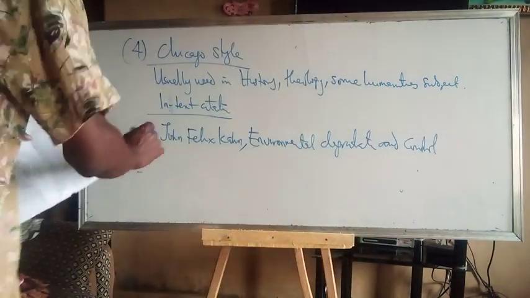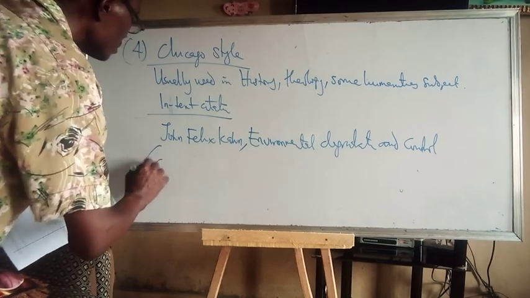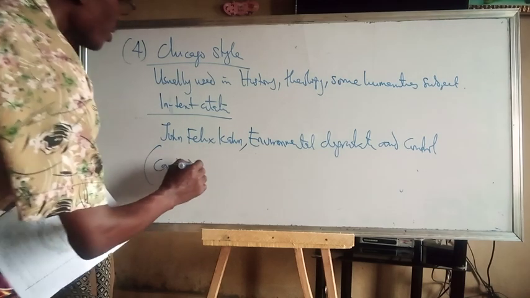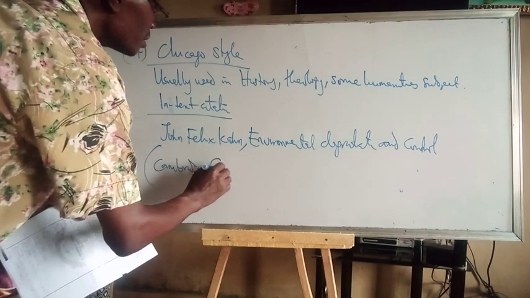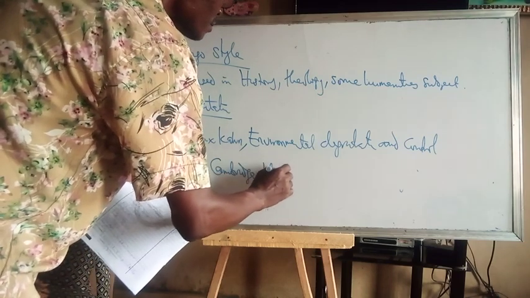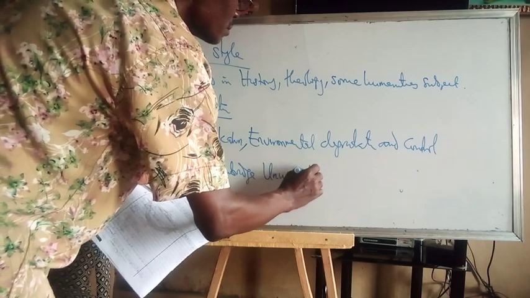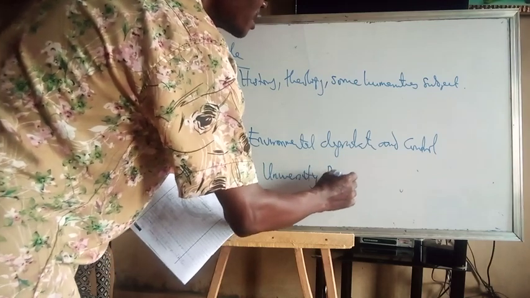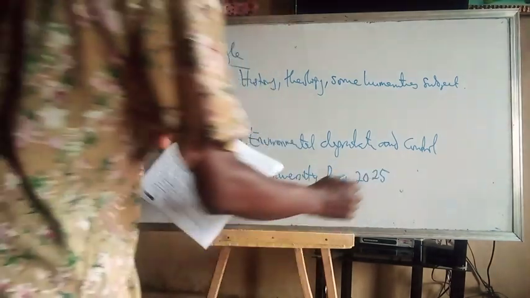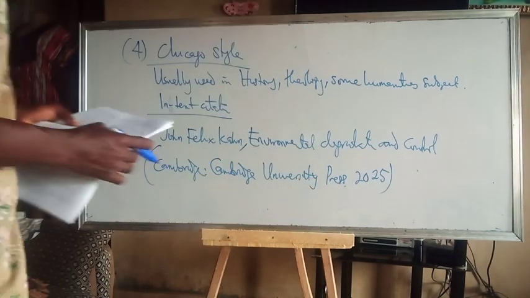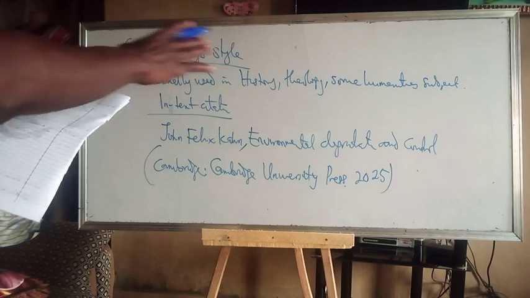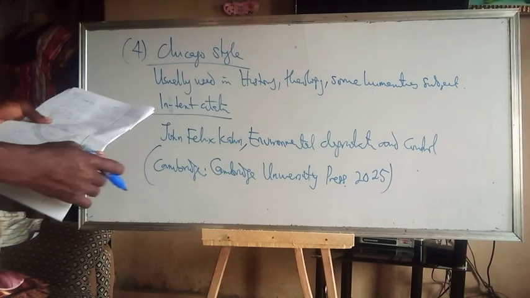Now write the location, Cambridge, everything in brackets, then a colon, Cambridge University Press, 2025. Okay. Now, that is how to cite it within the body of the work.